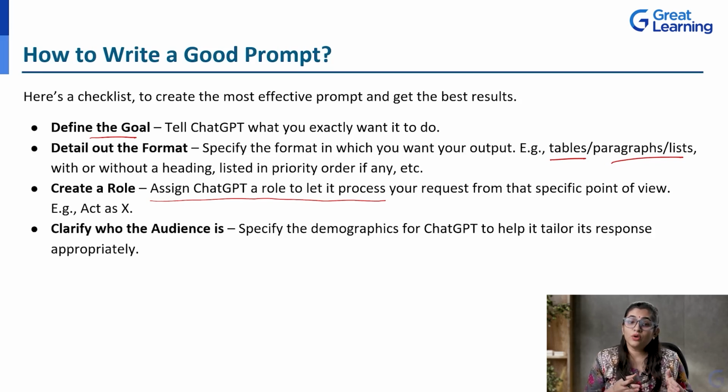Next is to clarify who the audience is. Basically, you are telling ChatGPT, please generate the output based on the demography of my audience, whom I am catering to. It can be beginner level, intermediate, advanced.